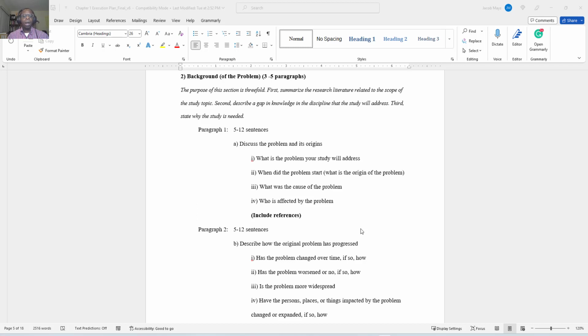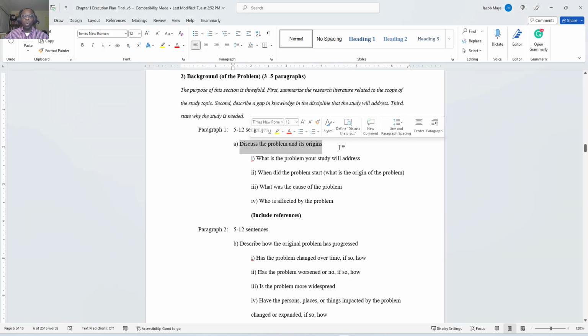All right. So in the first paragraph, we're going to focus on discussing the problem and its origin. So, what is the problem your study will address? When did the problem start? What is the origin of the problem? That's essentially what we're asking here. Number 3, what was the cause of the problem?